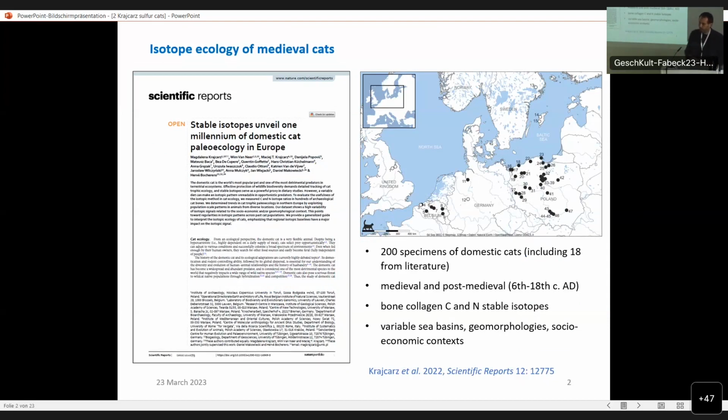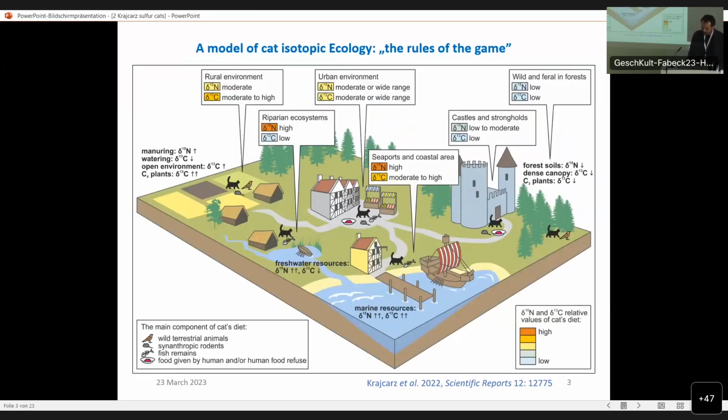We had 200 cat specimens from variable localities and variable archaeological contexts, and we tried to define types of cat ecology by comparing cat stable isotopes, carbon and nitrogen, in bone collagen with different proxies like site socioeconomic context, geomorphology, distance from the sea, and so on.